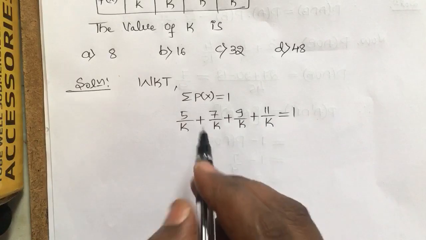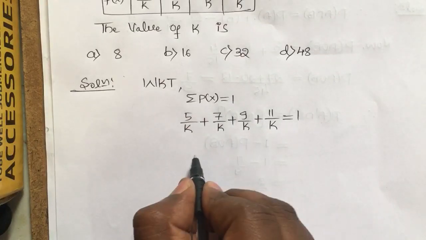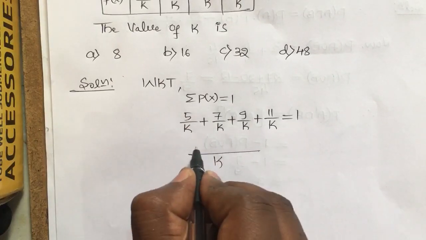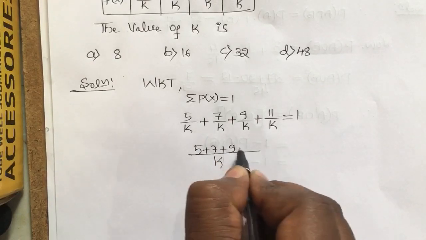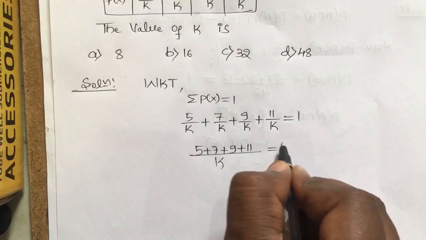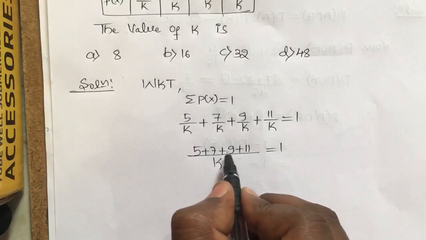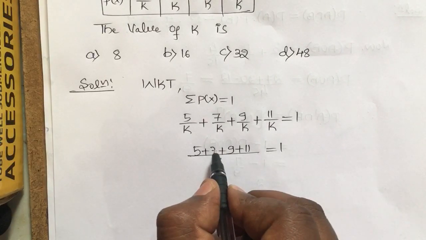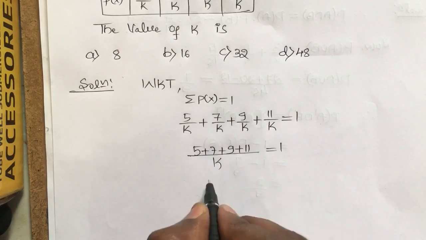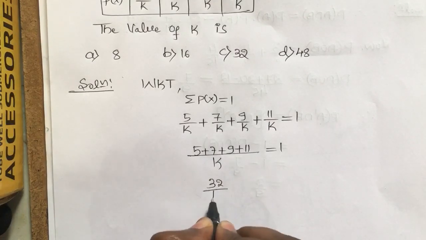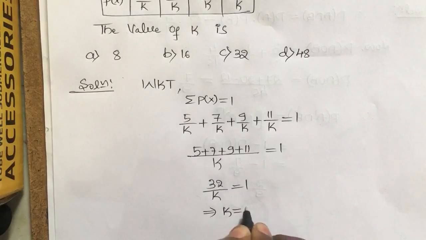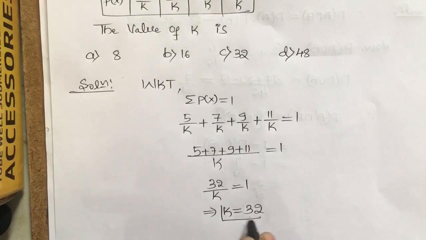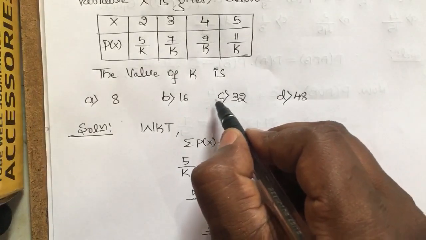On the left hand side the denominator is the same, so add all the numerators. 5 plus 7 plus 9 plus 11: 11 plus 9 is 20, 20 plus 7 is 27, plus 5 is 32. 32 divided by k is equal to 1. This implies k is equal to 32. So this is the required value of k. Hence the answer is option C.